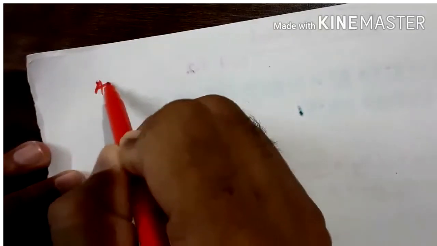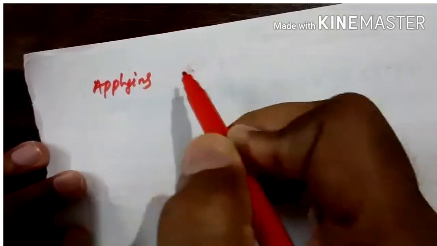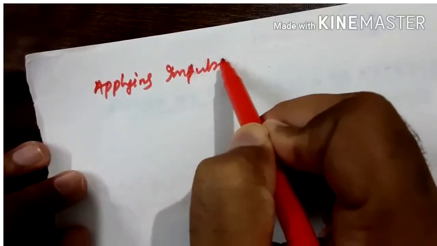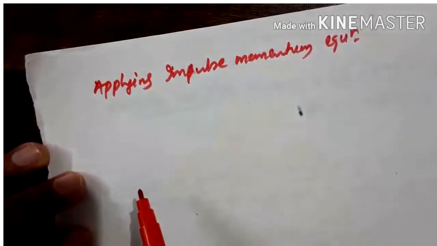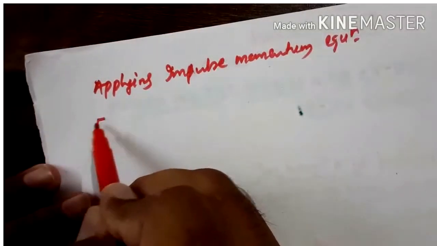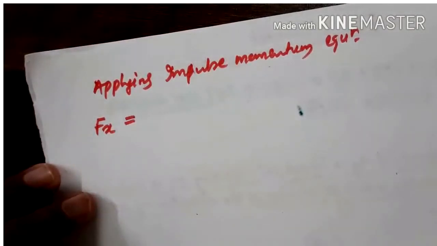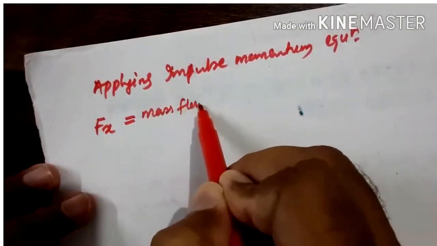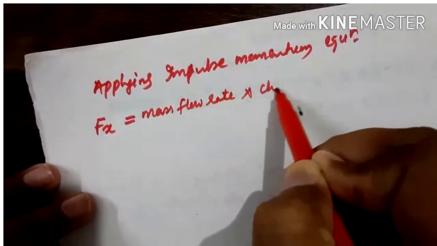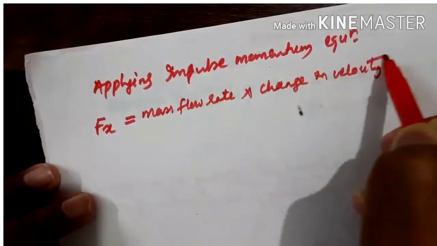So further we have to apply the impulse momentum principle here. Applying the impulse momentum equation, you know, the force in x direction is mass flow rate into change in velocity.